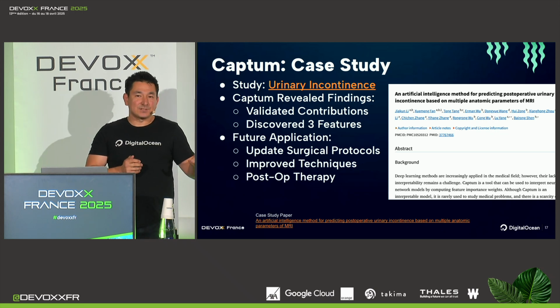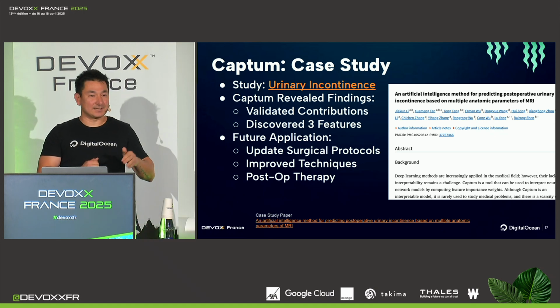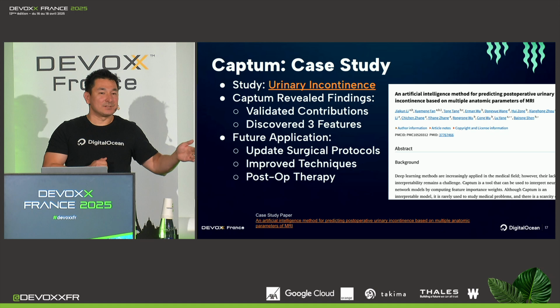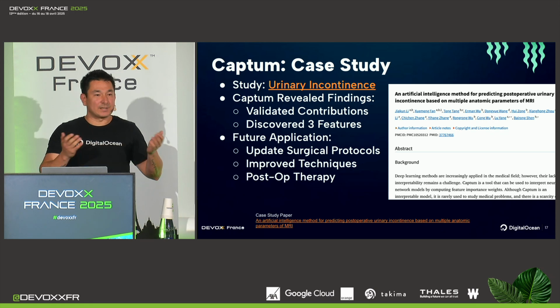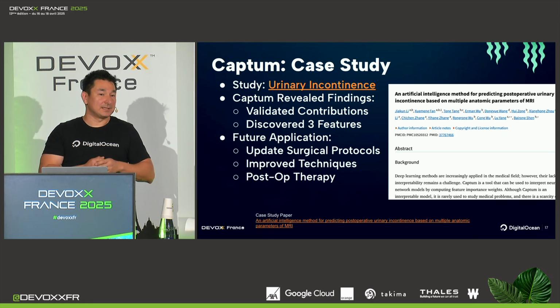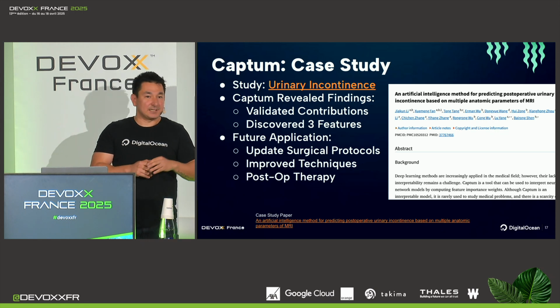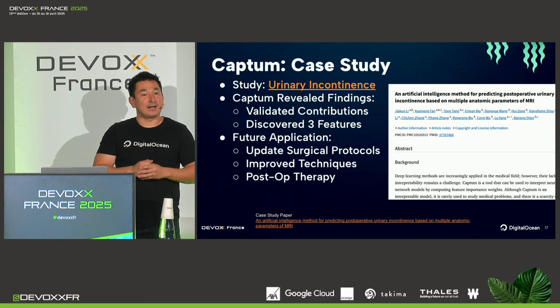Captum surfaced these 3 other things that contributed to the overall diagnosis for urinary incontinence. So this is some of what Captum can help you do: not only explain what's happening, but also bring to light other things that could be affecting your classifications, your ML or AI systems, and how they come to the answers that they come to.